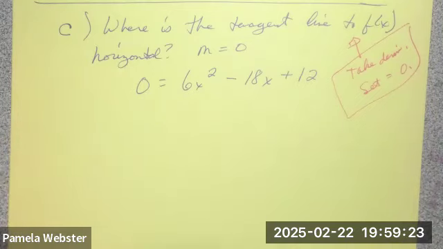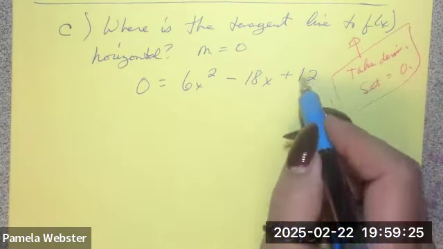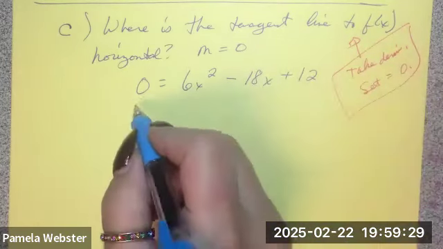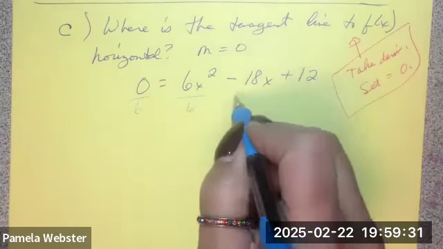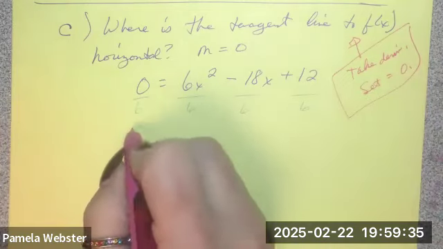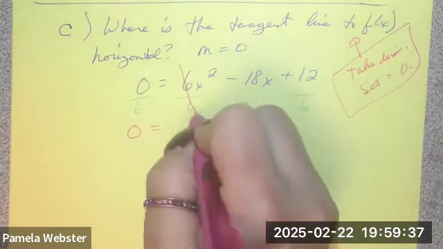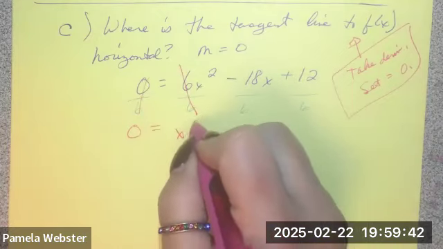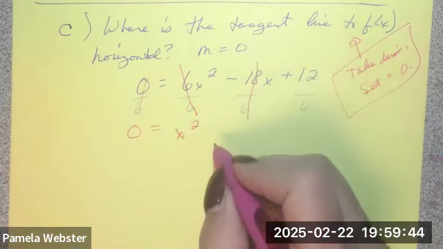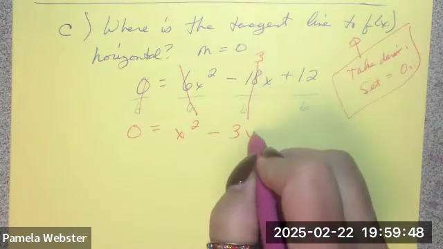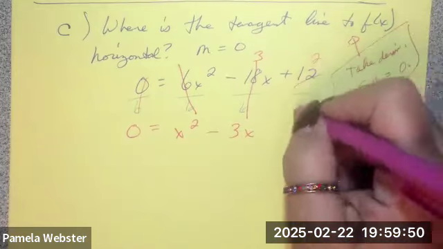Okay. Now, this guy, all three of these terms have a 6 in common, so I'm going to divide that out. And whenever I divide everything by 6, 0 divided by 6 is just a 0. 6x squared divided by 6, that's x squared. Negative 18x divided by 6, that's negative 3x.